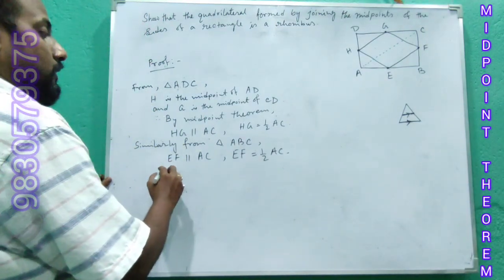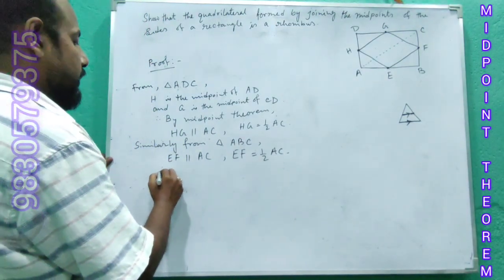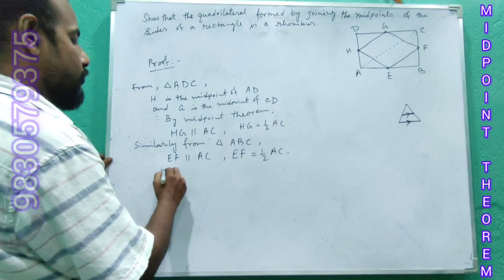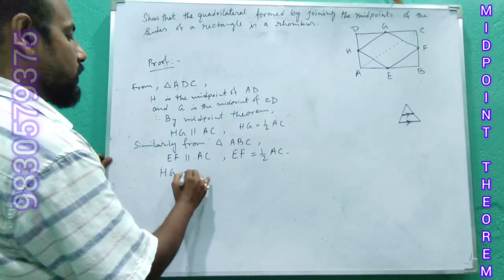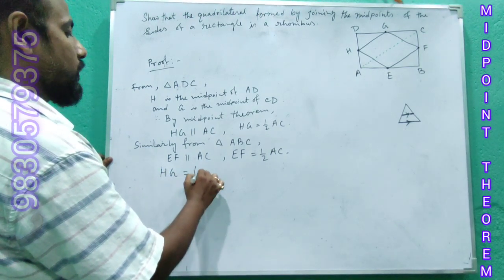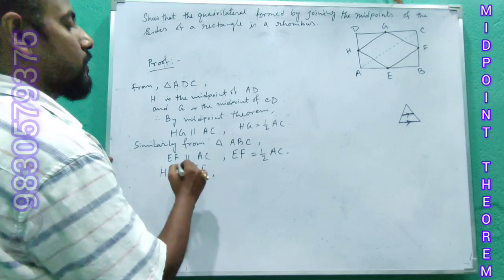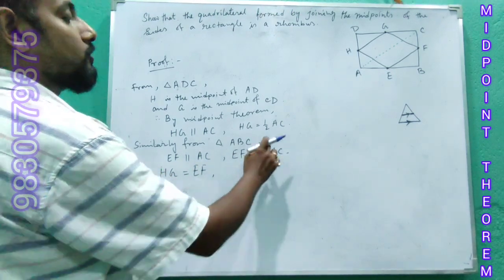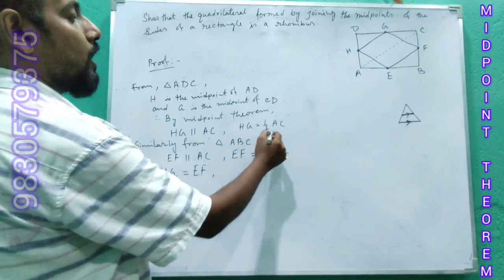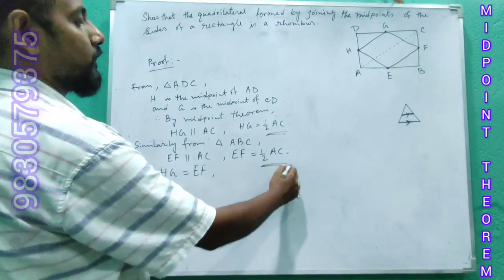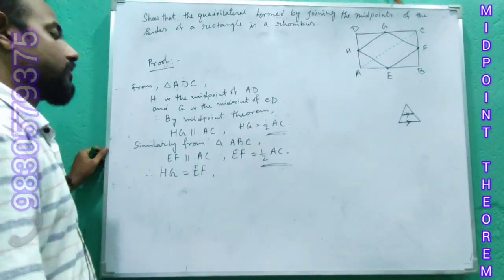Now HG equal to EF, because both are equal to half of AC. So GH equal to EF.